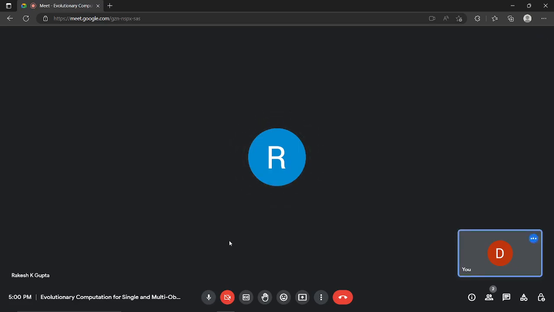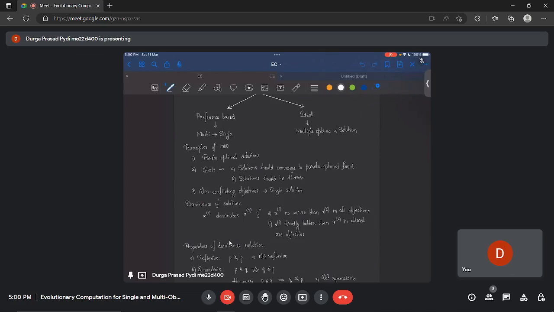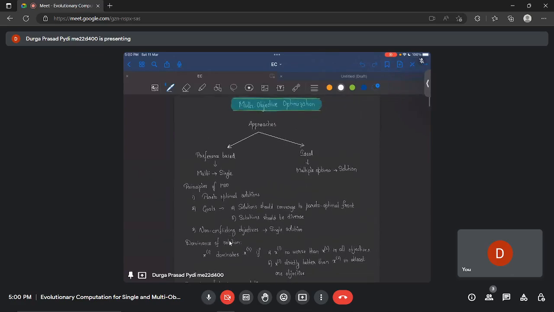Let's get started with a quick review of the previous week's session. In the last week, we started discussing multi-objective optimization, and then we also gave a brief idea about two different approaches used for this particular technique.